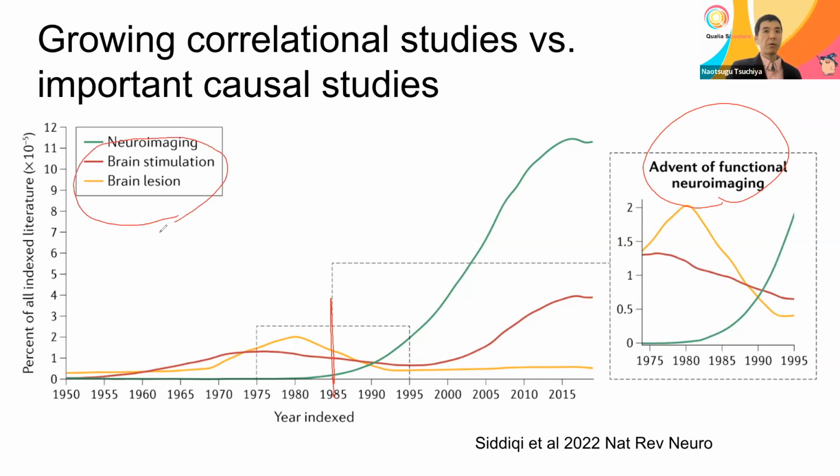And they continue to be important, and stimulation is even more important. Brain lesion studies are a bit less common compared to other modalities, but they still play a very important role.